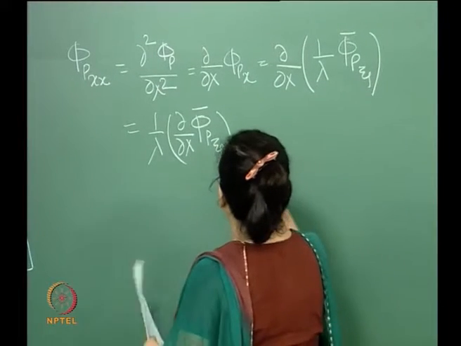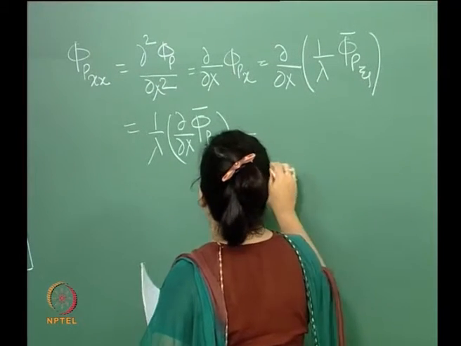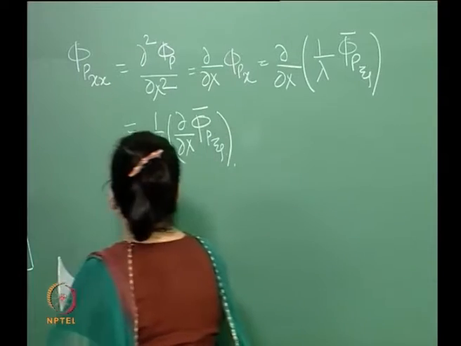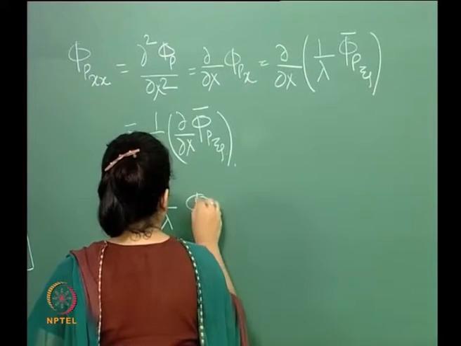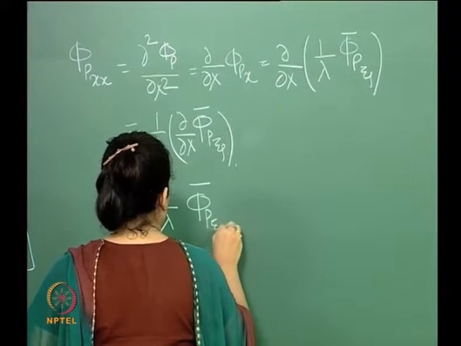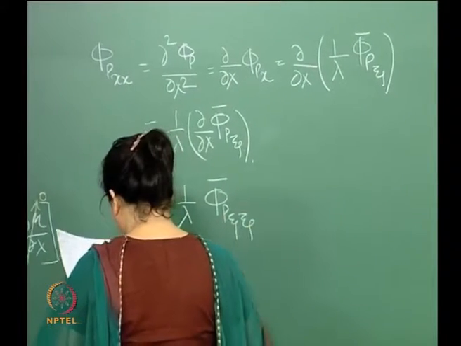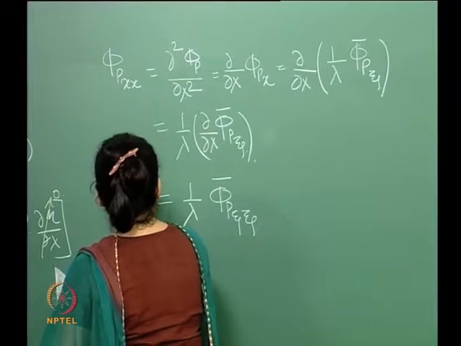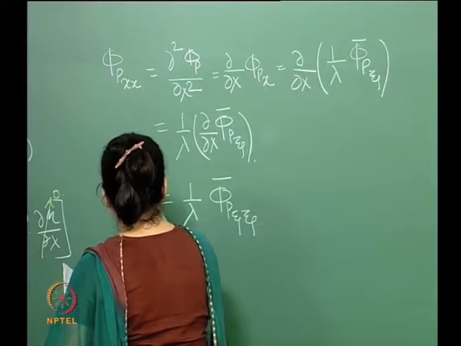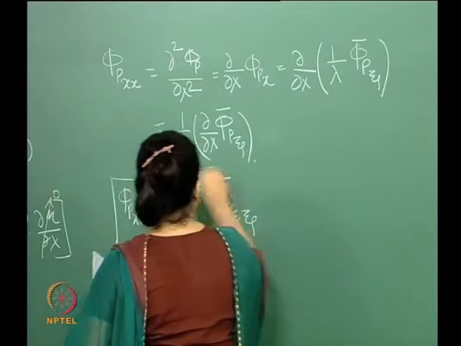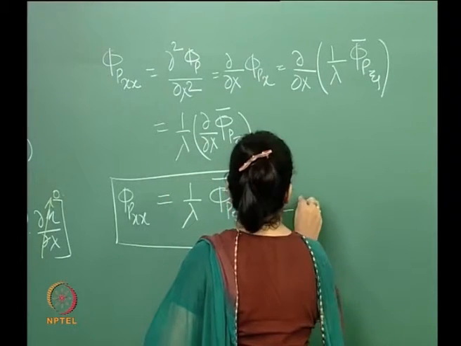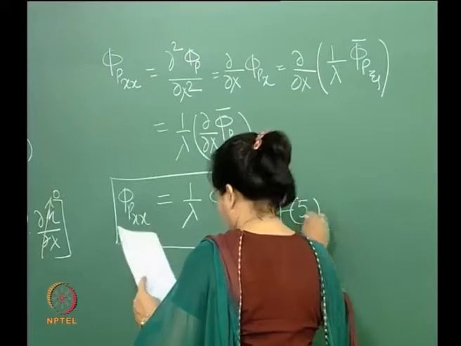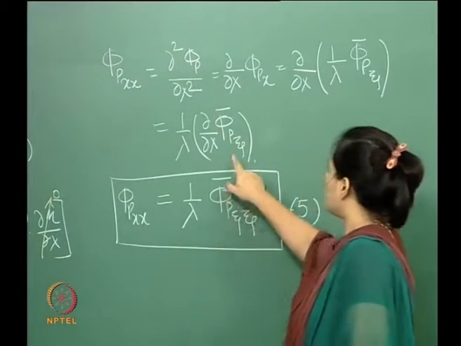So then again we can also write this as 1 by phi, and let us call this 5. Hopefully, you got this one right.